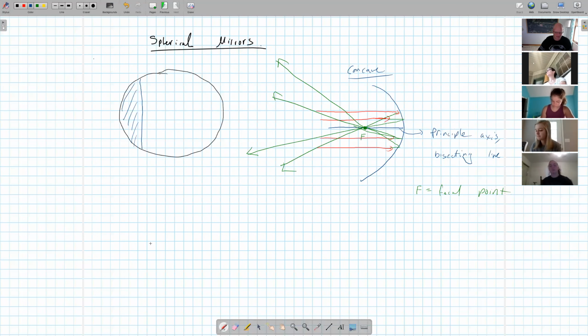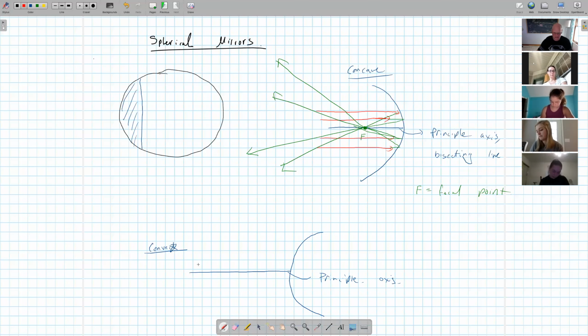For the convex, there we go. In this case, this spherical mirror is facing away from us, so now we're going to fire at the back side of it. Again, this is still the principal axis, and this is still the bisecting line.